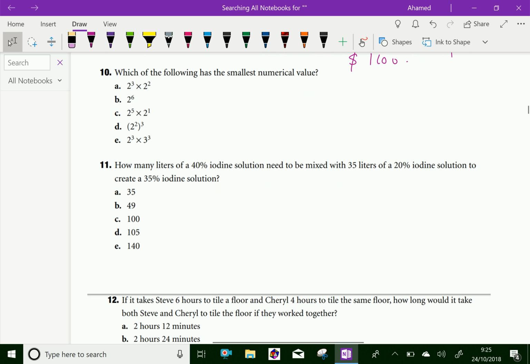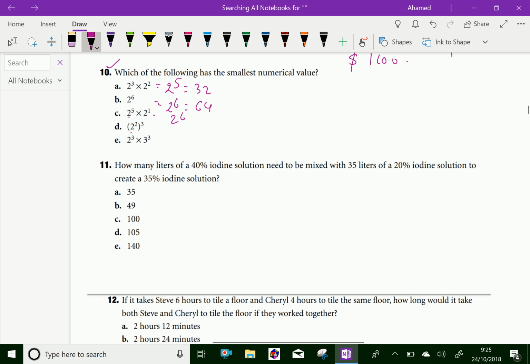Next question. Which of the following has the smallest numerical value? Here first we will calculate everything. Here 2 power 3 into 2 power 2 is 2 power 5, which gives 32. 2 into 2 into 2, 5 times, is 32. 2 power 6 is 64. Here also 2 power 5 into 2 power 1 is 2 power 6.